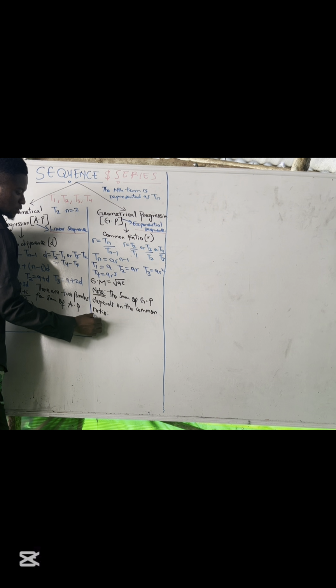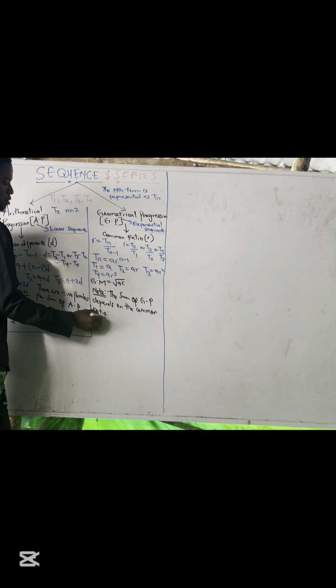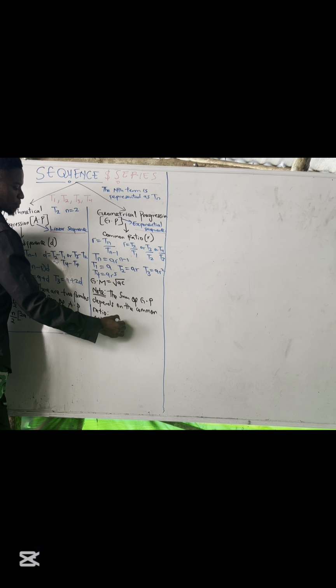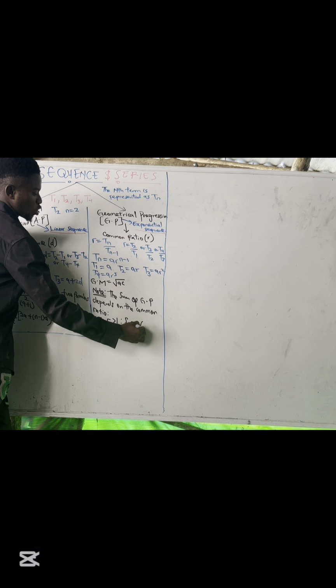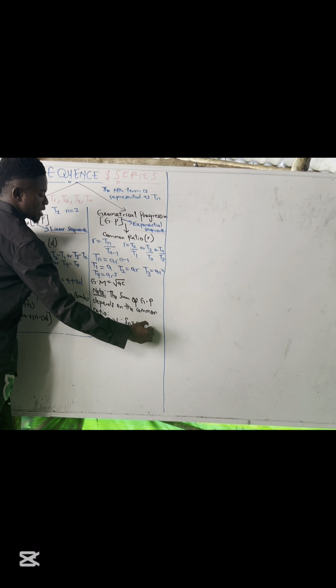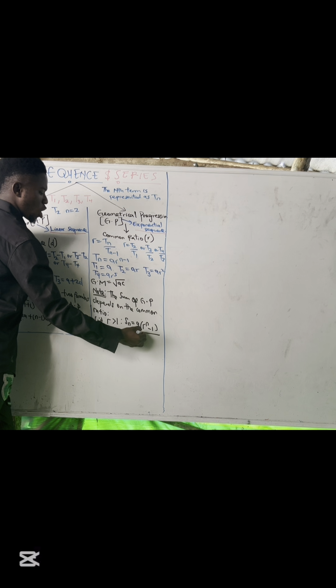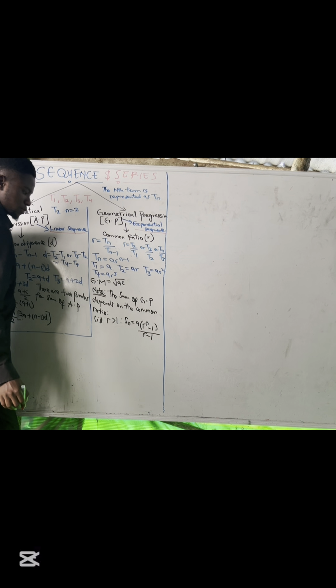Number one, if the common ratio is greater than 1, the sum will equals to A open bracket R raised to power n minus 1, all over R minus 1.